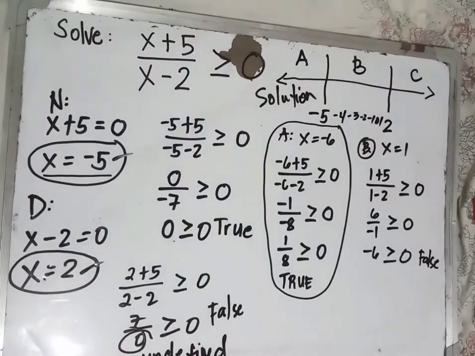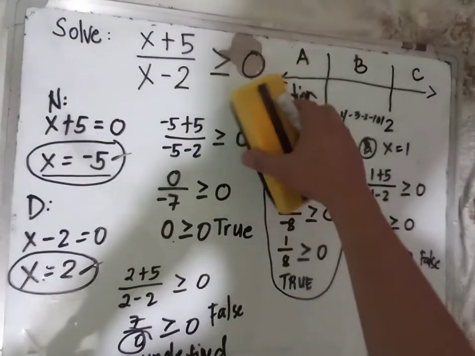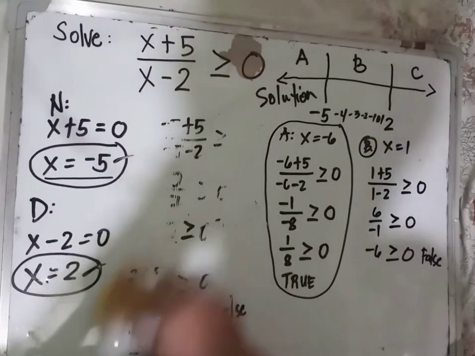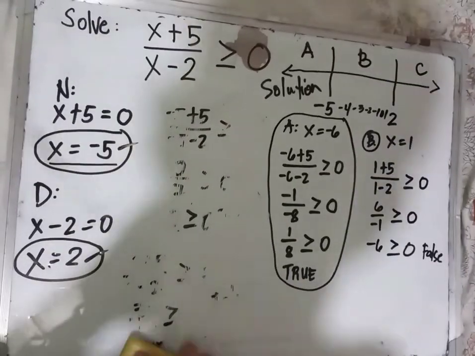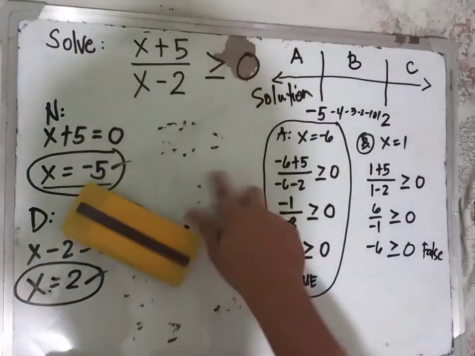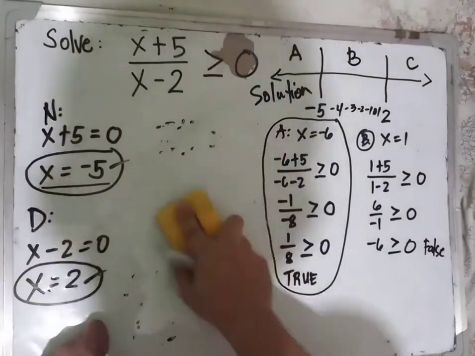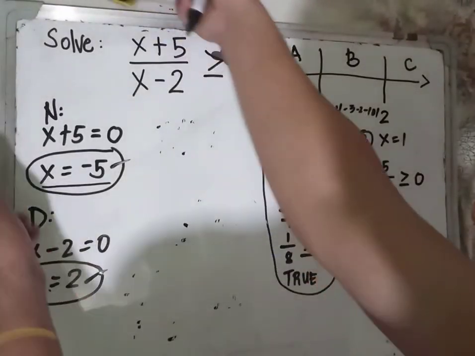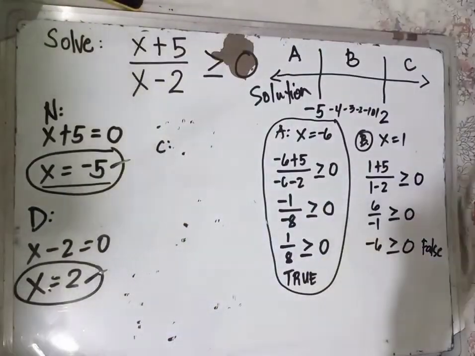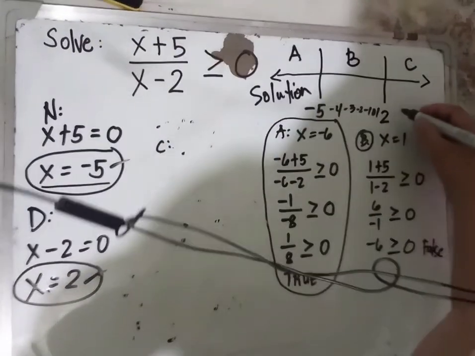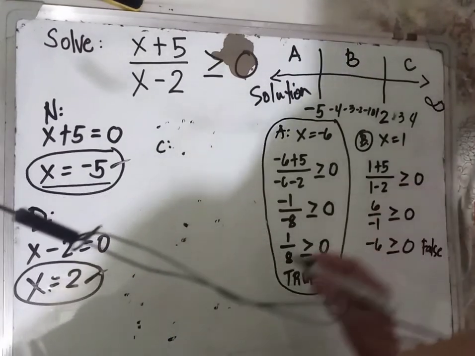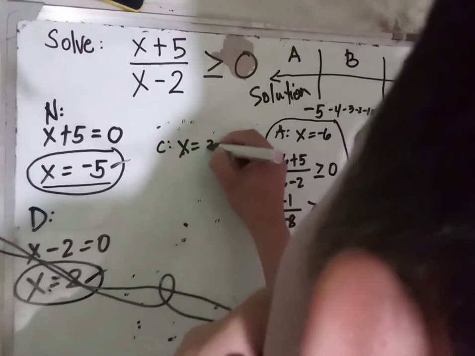Okay, next. Interval C na tayo. Any numbers belonging to interval C, so from 3 until positive infinity. So we will use x equals 3.